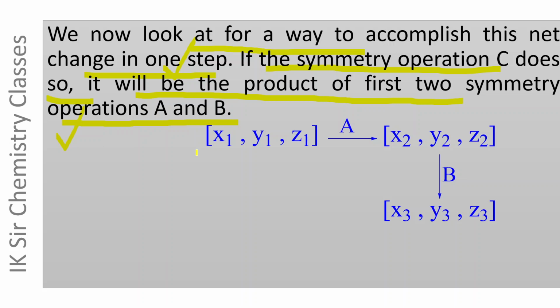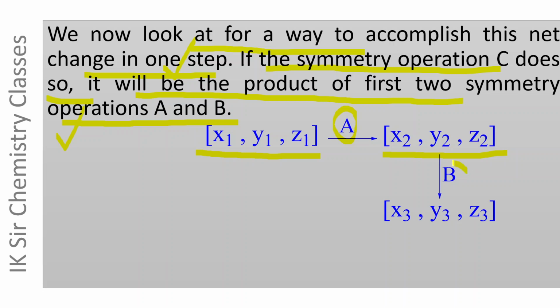Here is a point within the molecule with coordinates x1, y1, z1. Symmetry operation A is applied on the molecule. As a result, the position of this point shifts to a new position with coordinates x2, y2, z2.